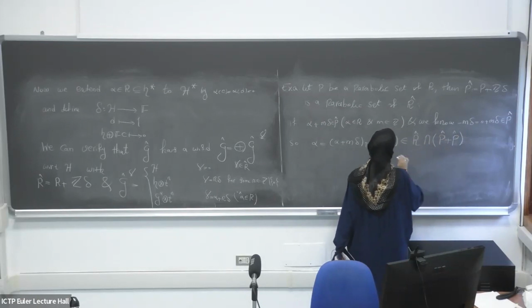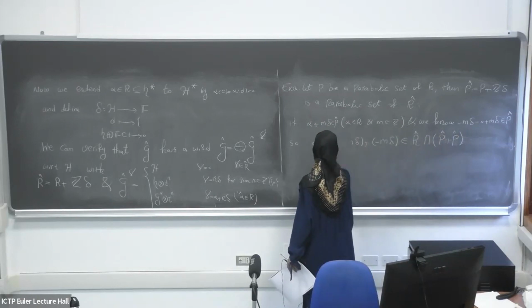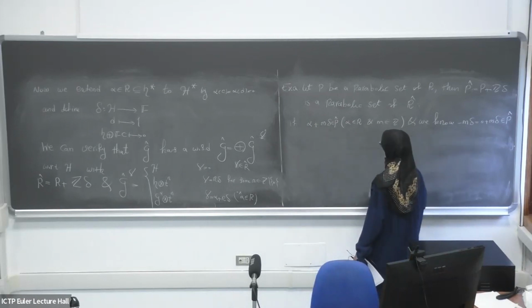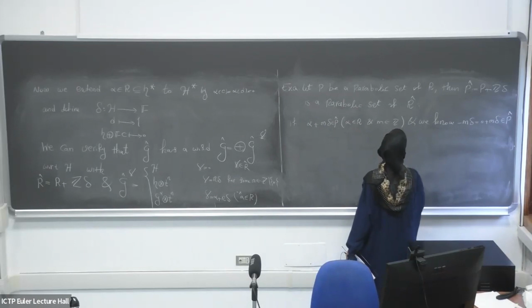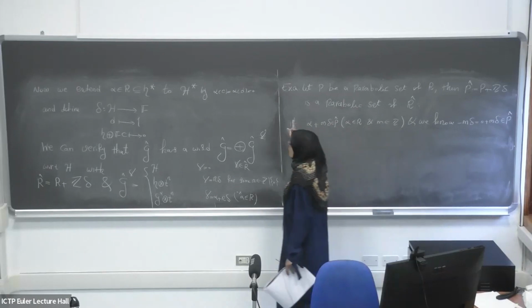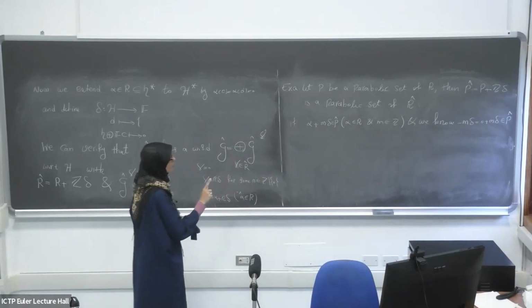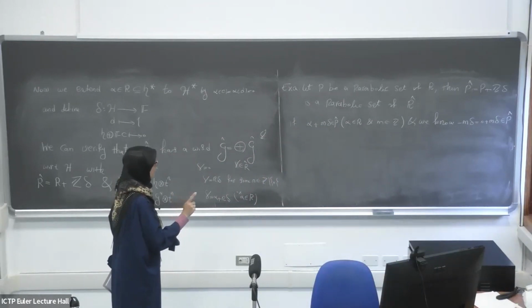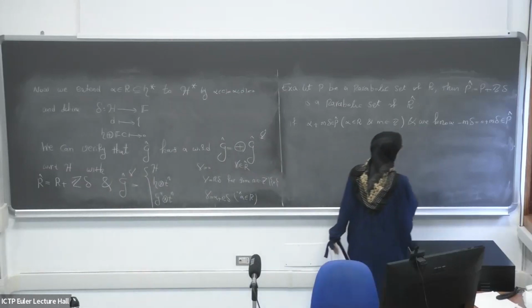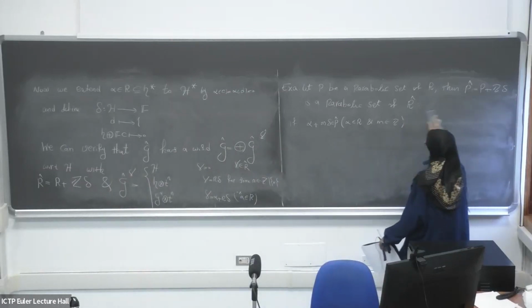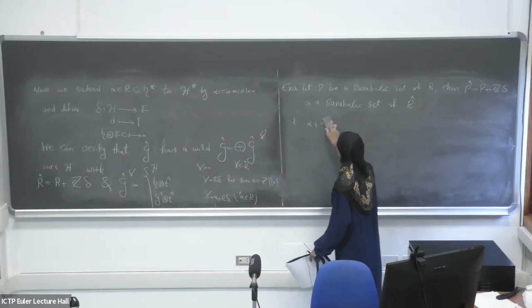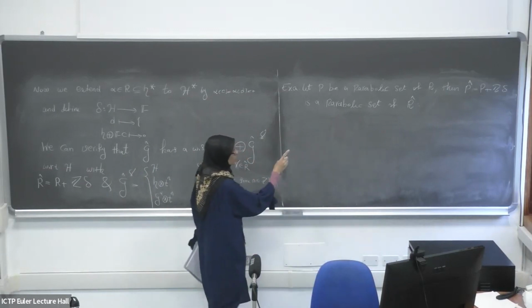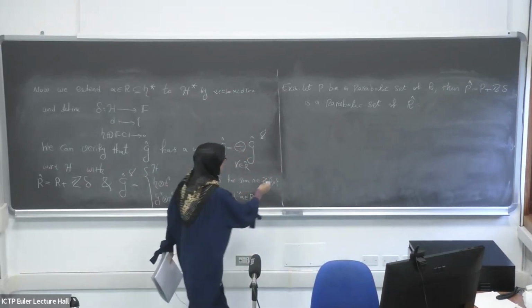And what do we want to prove? We want to prove that, okay, P is a parabolic set of R, and we want to show that P hat is a parabolic set.